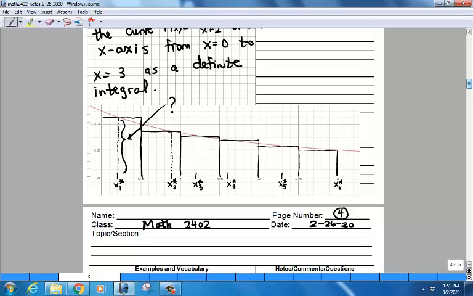Sometimes I miss a little bit, or sometimes I put a little too much in there. This rectangle goes a little bit outside of the area beneath the curve. So I'm not going to get a perfect value for the area beneath that curve, but I'm going to get an estimate at least. And it looks like it's probably going to be a pretty reasonable estimate.